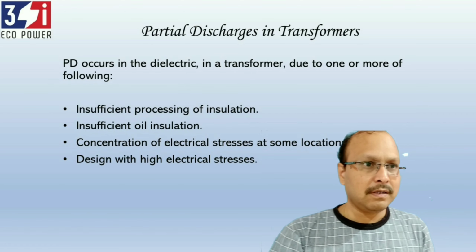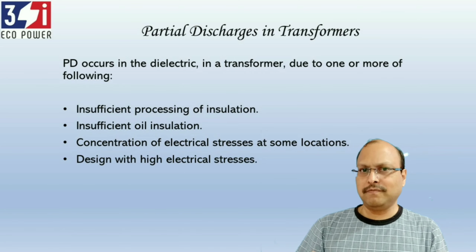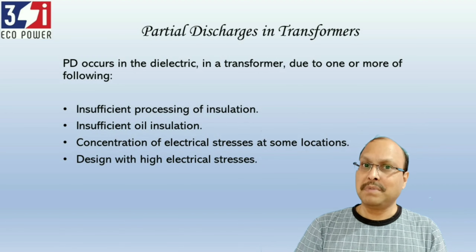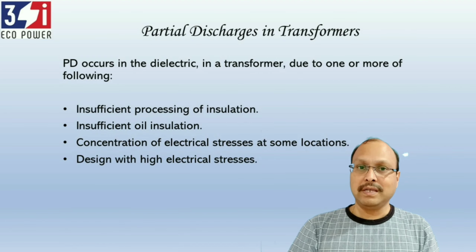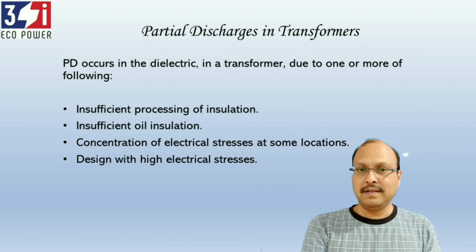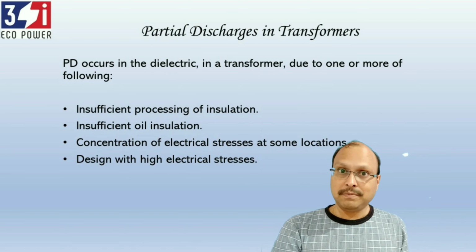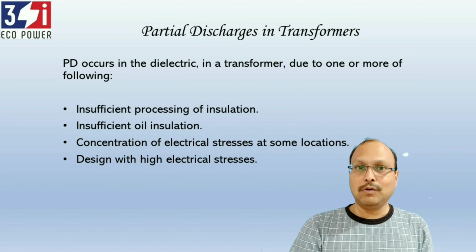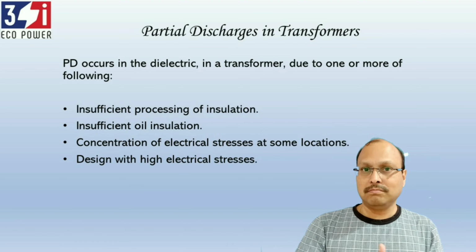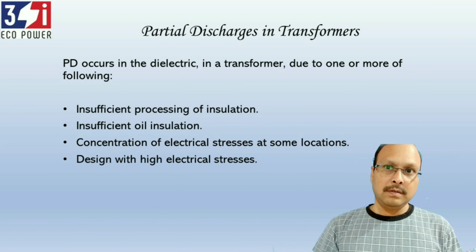Another cause is improper insulation or processing of insulation. You have to process the insulation of the transformer, as you know very well. If you are not processing the insulation, partial discharges may occur. Even if it is a dry type, you have to give proper curing time for settling of the resin system, and if it is oil type, you have to check the oil BDV. Low BDV may again trigger insulation collapse.